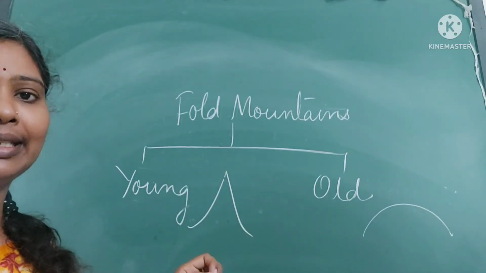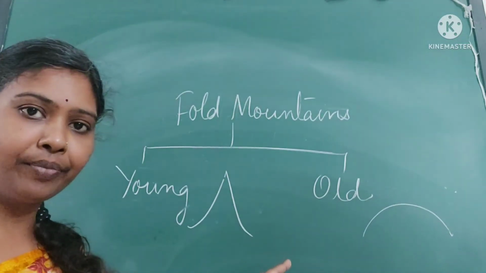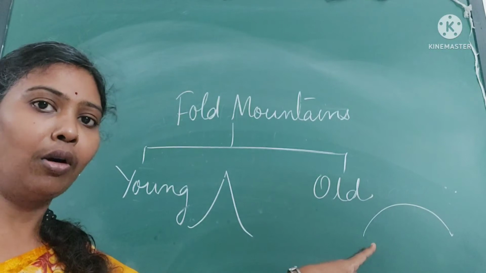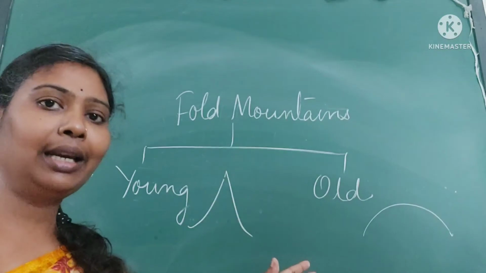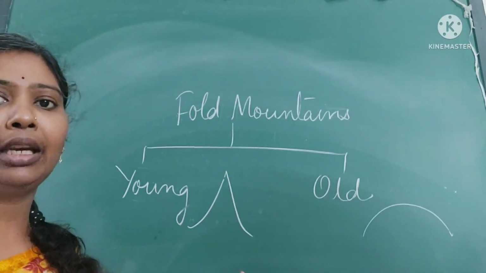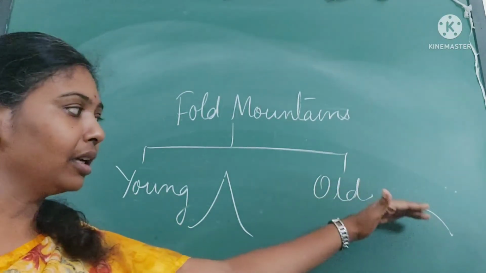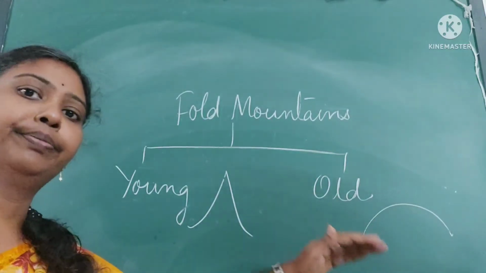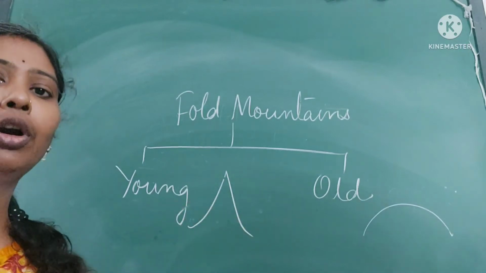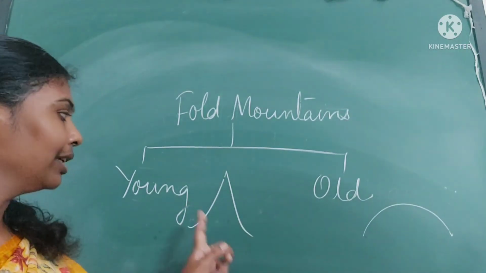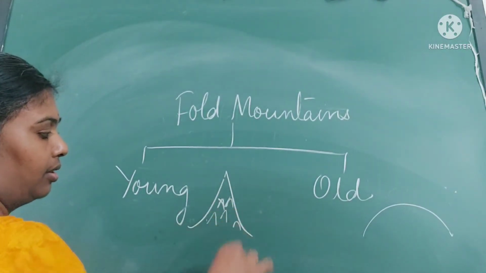The reason is very simple. These are subjected to weathering for a longer period of time. Weathering means the action of rain and sun over a longer period. That is why they have rounded peaks and a comparatively smaller size. Moreover, young fold mountains have rugged topography, formed very recently.